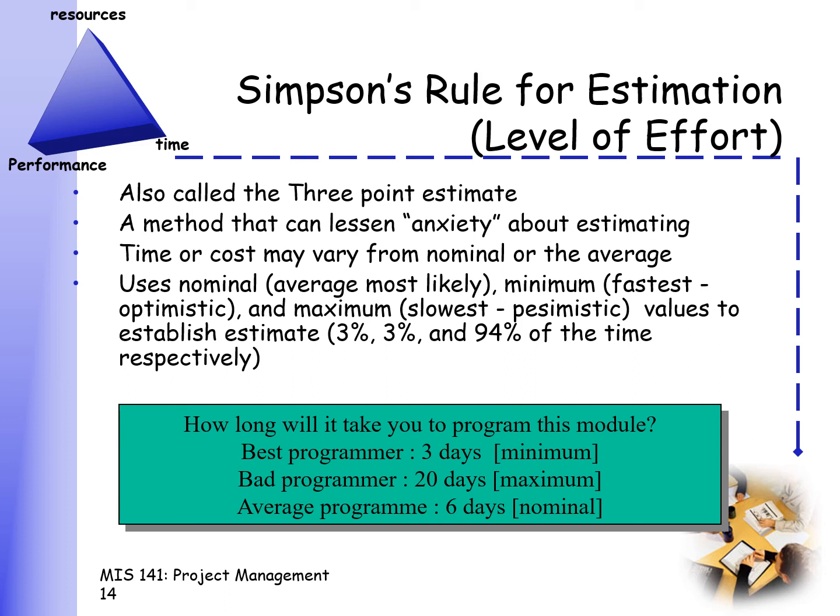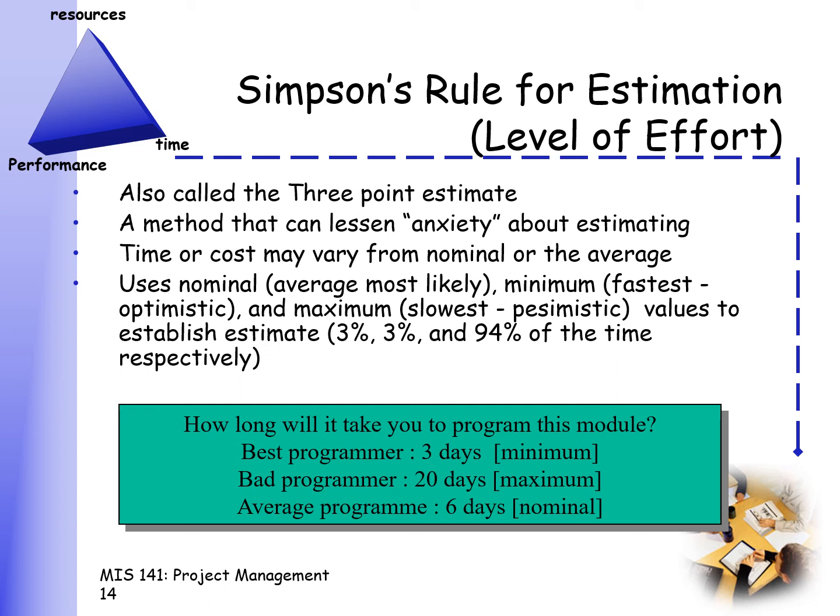So, just to illustrate how it works, for the module that you want to be programmed, you look for 3 people: the best programmer, a bad programmer, and an average programmer. And you ask each one how long it would take them to program that specific module.